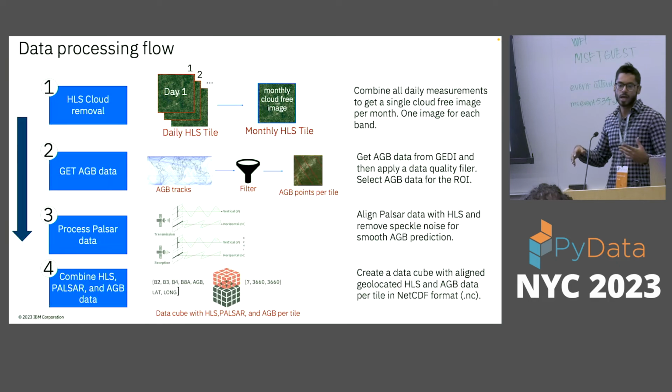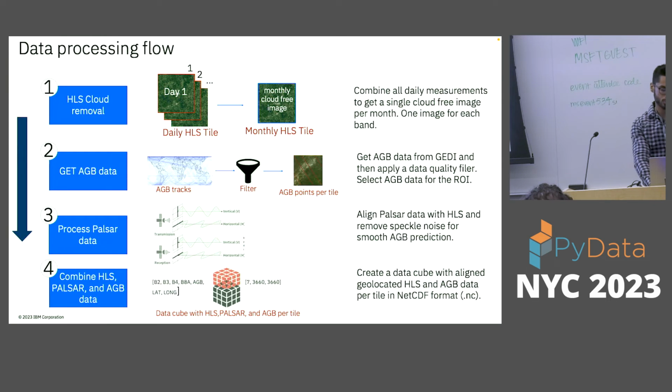HLS is a data set which uses electromagnetic waves. Similarly, PALSAR also uses electromagnetic waves, but at a very different wavelength. It's useful because it's able to penetrate into the trees, and it gives us additional information about the structure of the earth.